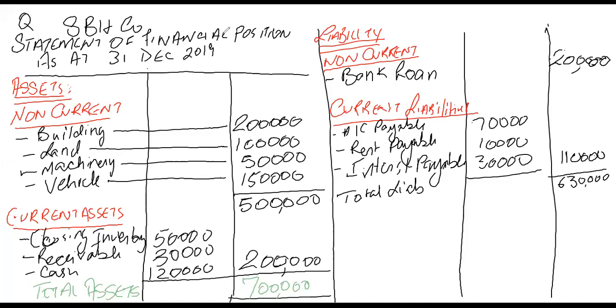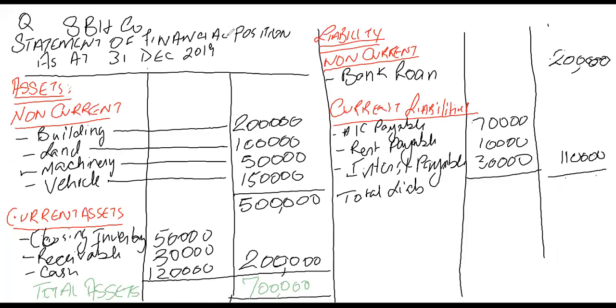So 2 lakh of bank loan, and if we add up 2 lakh and 1 lakh 10,000, I'll be getting an answer of 3 lakh 10,000 rupees. Now, I don't know why this stylus is not working well, but I'm trying to make it good.